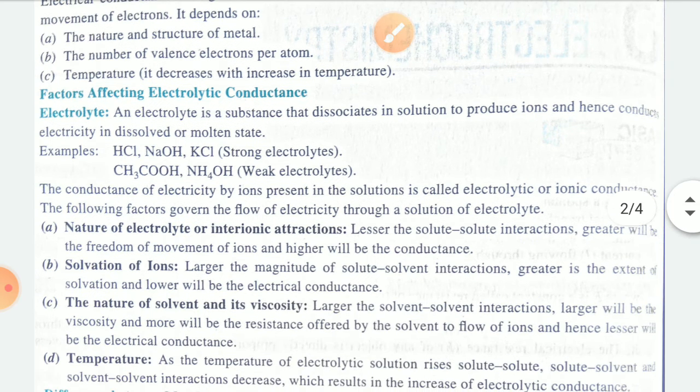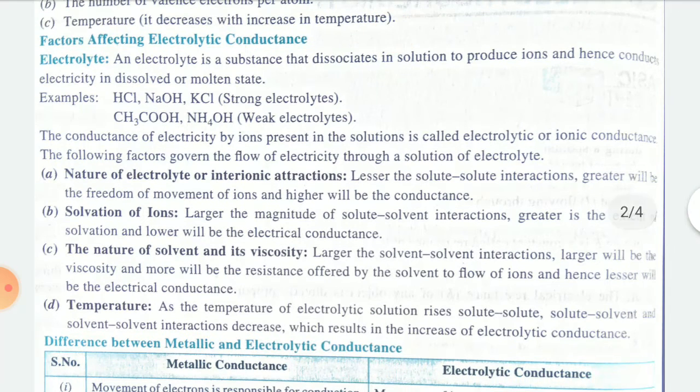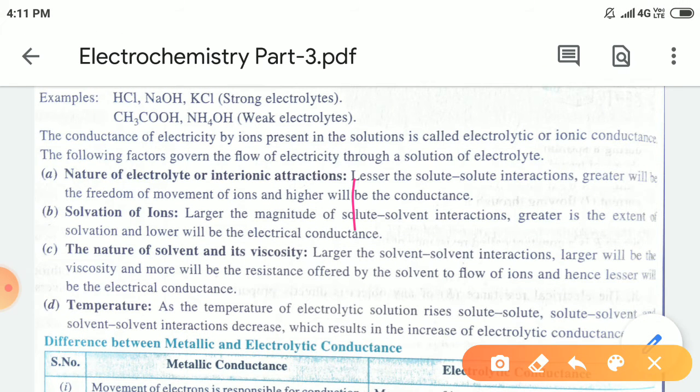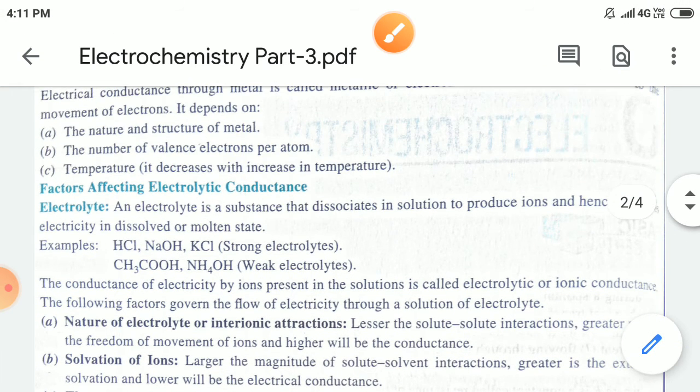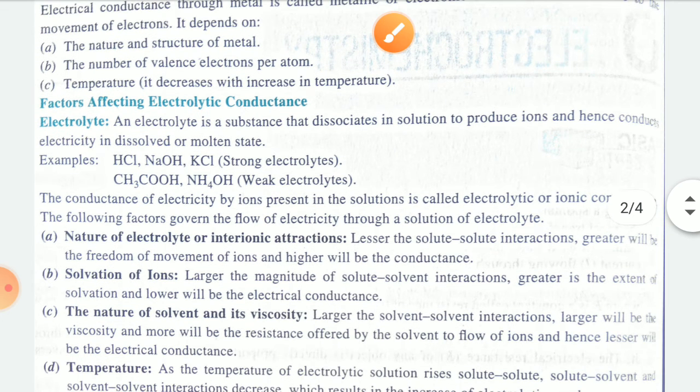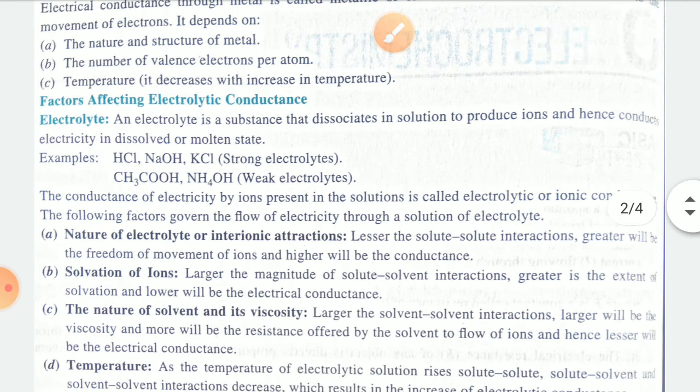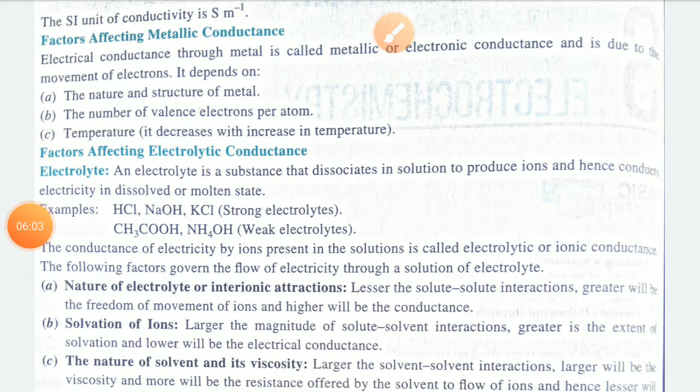Now, factors affecting electrolytic conductance. An electrolyte is a substance that dissociates in solution to produce ions, and hence conducts electricity in dissolved or molten state.